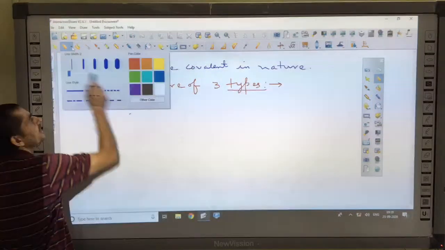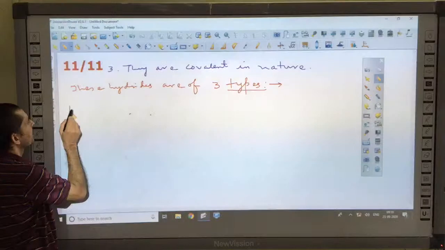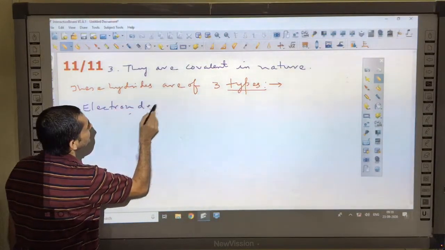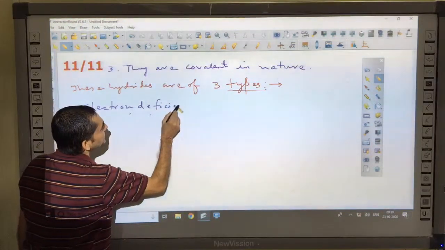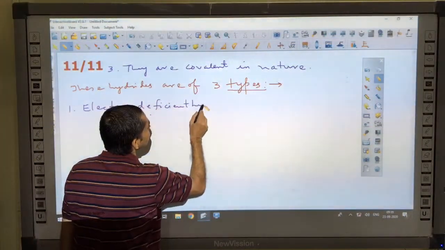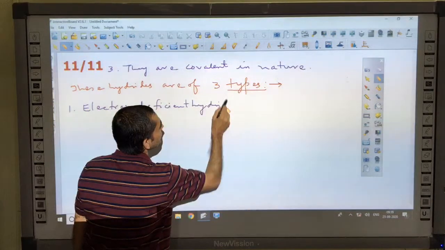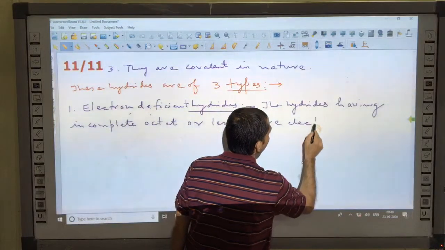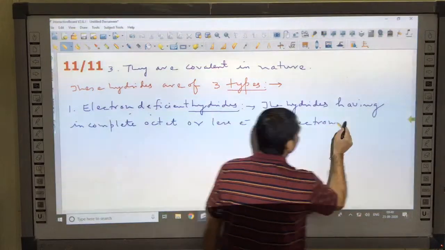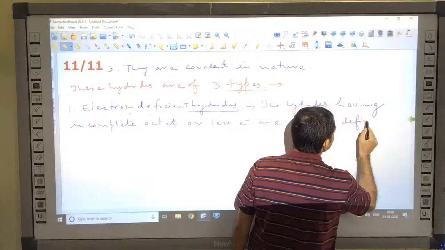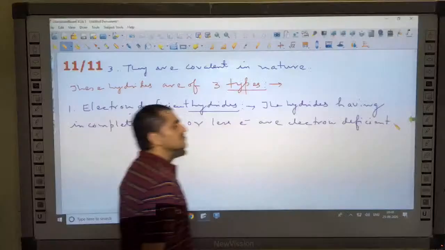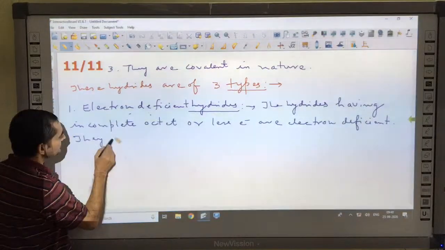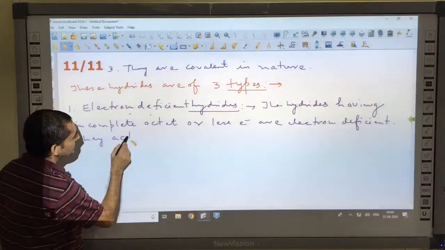Number one, electron deficient hydrides. They act as Lewis acid.